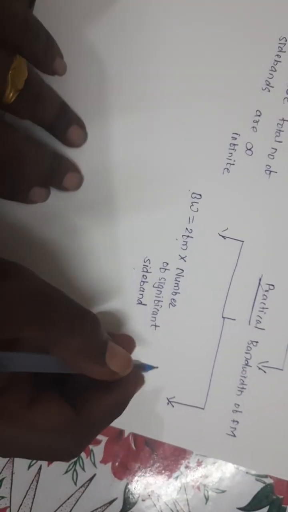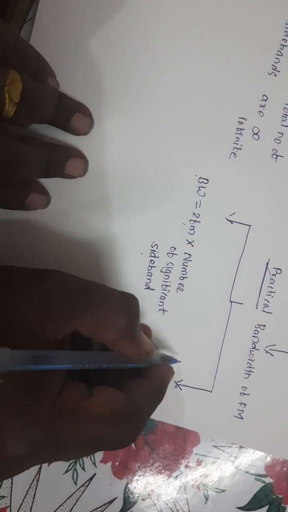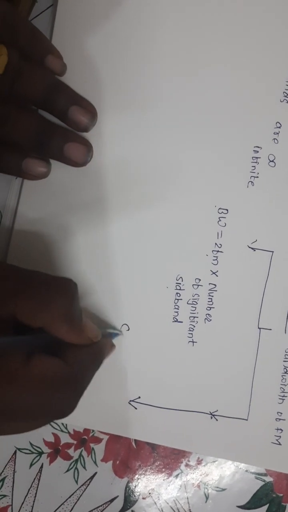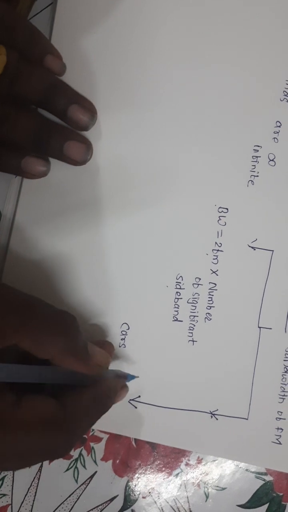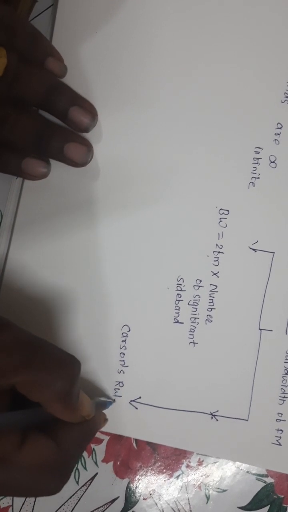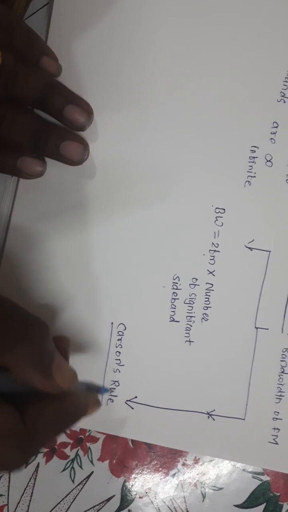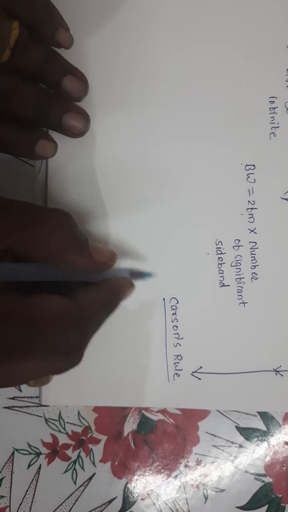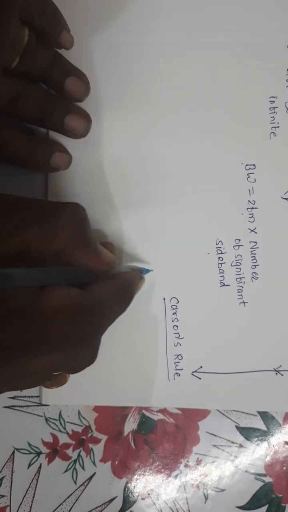Now the other method to calculate the practical bandwidth of FM is with the help of Carson's rule. Carson's rule gives us the information about how to calculate the practical bandwidth of FM.